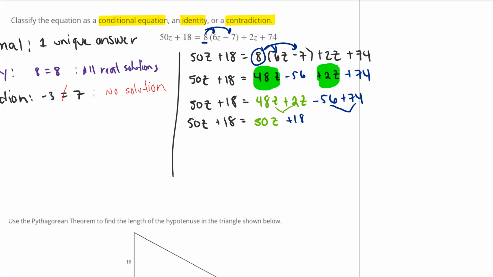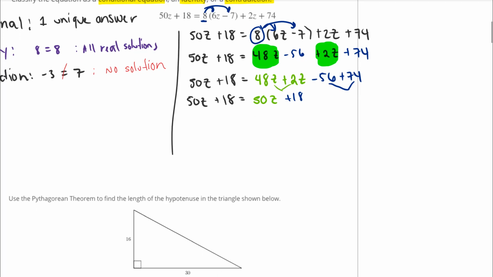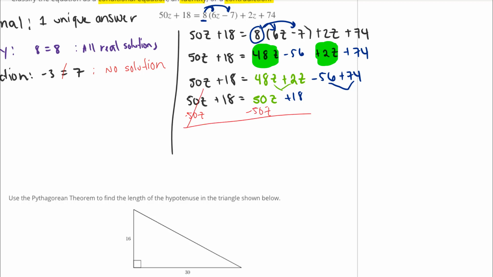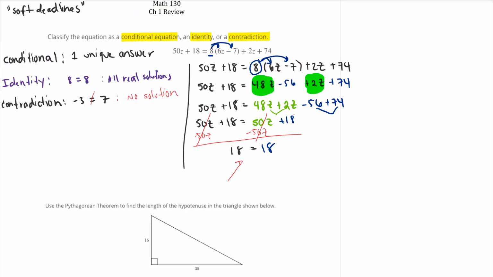So now we can see that we actually have the same thing on both sides. So what we can do is we can subtract each term, but since they're the exact same thing, everything's going to be the same. So here I do have 18 is equal to 18. Then I can go ahead and say that I have the same number equal on both sides, so that situation must be the identity.